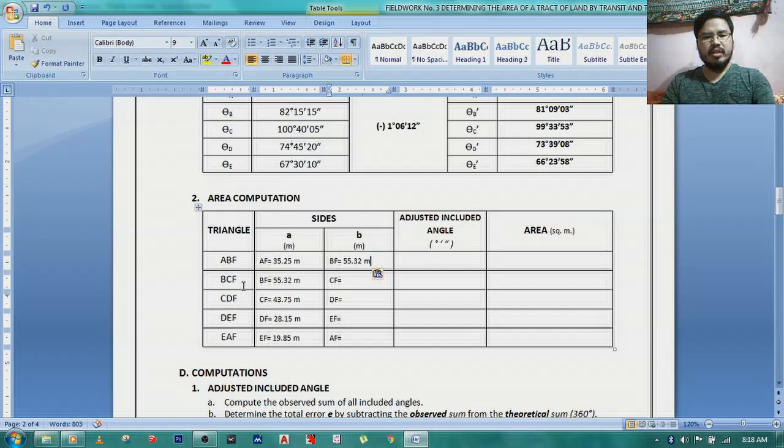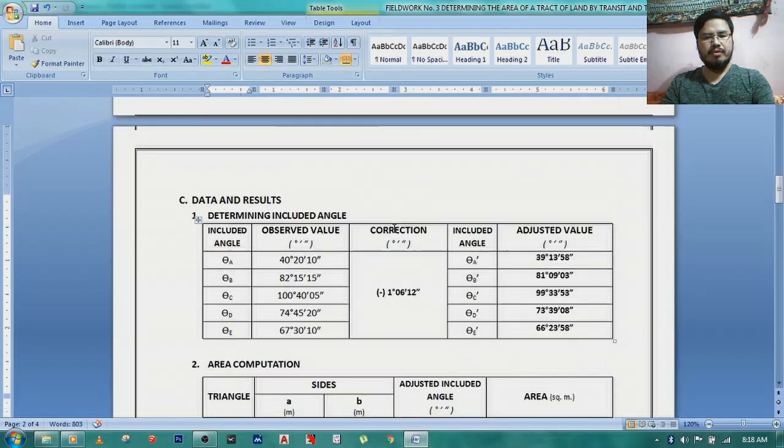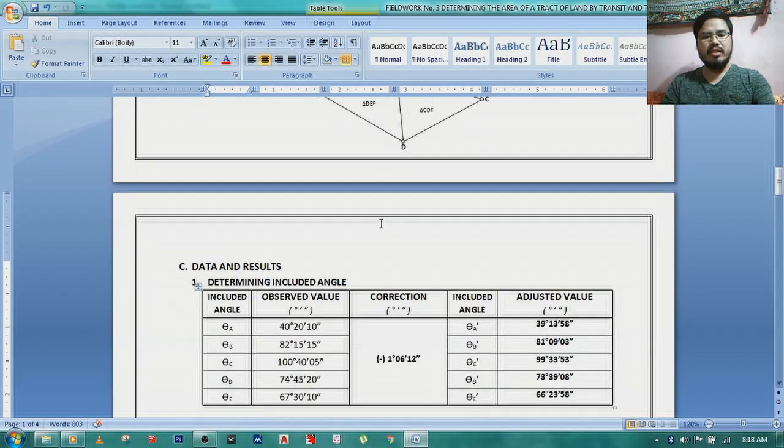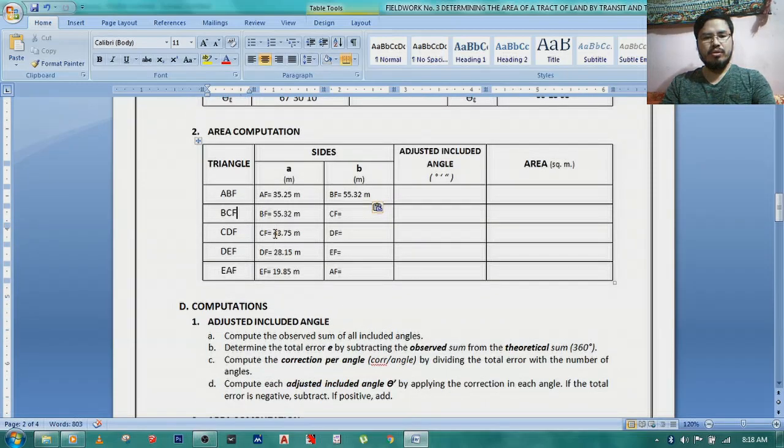Next, for triangle BCF, our A side now is BF and our B side is CF. So all you have to do is copy those values here.